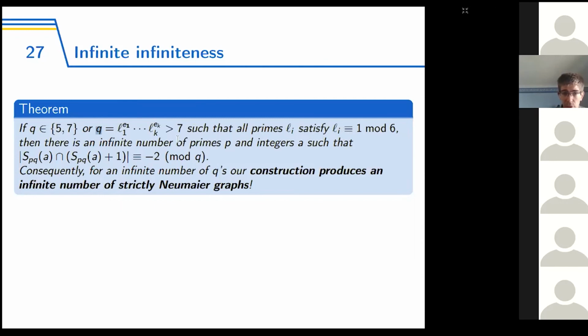And for each of these q's, you will find an infinite number of primes and integers satisfying the conditions. So an infinite number of strictly Neumaier graphs. So this construction that we started with to generalize the 65 is actually giving us a very big infinite family.